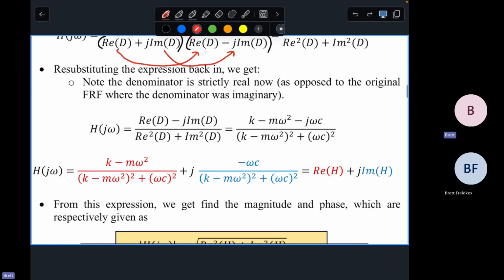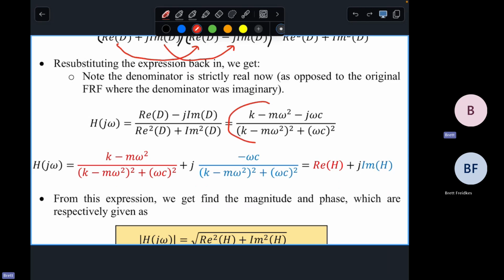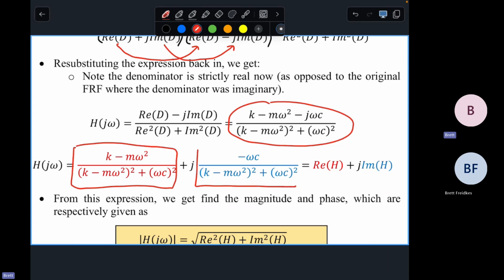So in this example here, this is the complex number with the j in the numerator, and I wrote it in terms of a real part and an imaginary part. Do we see how I did that? I separated the fraction. I just wrote this thing here as 2 separate fractions.